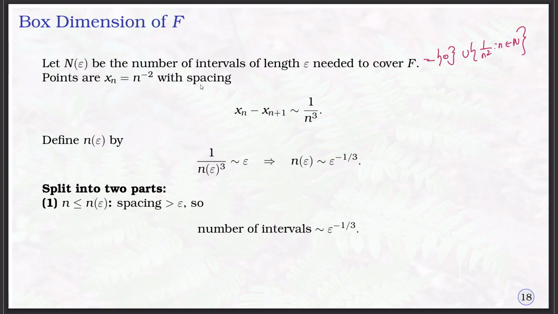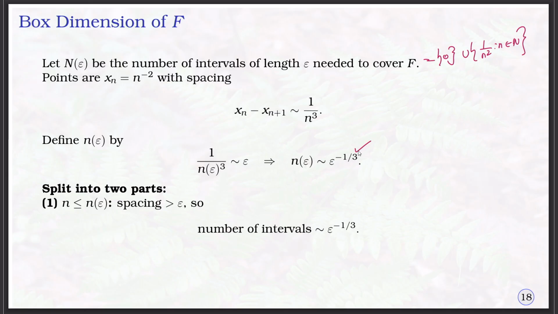The spacing between any two consecutive terms satisfies x_n minus x_(n+1) is directly proportional to 1 by n power 3. Define n(delta) such that 1 by n(delta) power 3 is directly proportional to epsilon. So one can get N(epsilon) directly proportional to epsilon power minus 1 by 3.